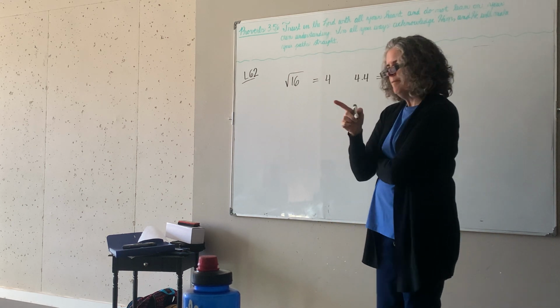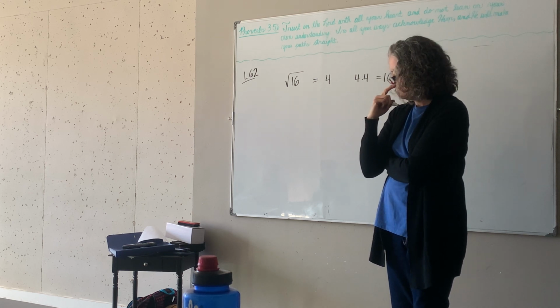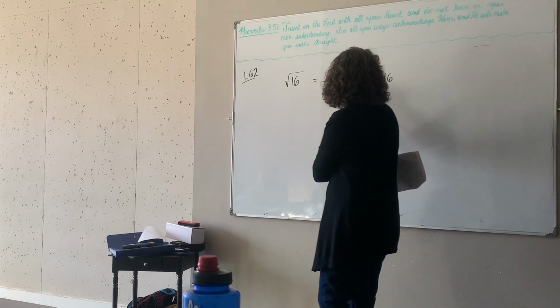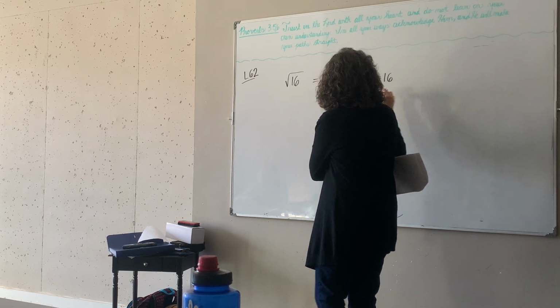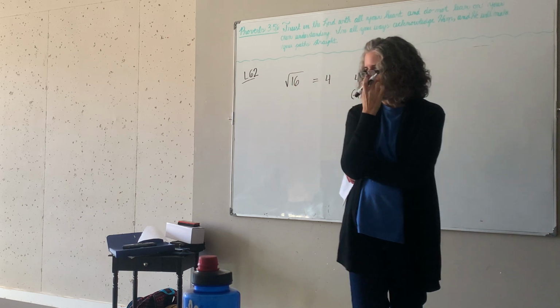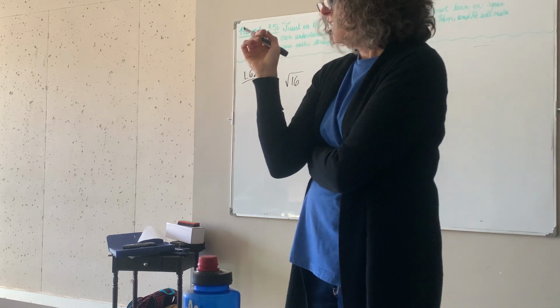Is there another number that when you multiply it times itself, you get 16? There actually is. Negative 4. Why do we always say square root of 16 is 4? Why do we not say plus or minus 4? I don't really know either.